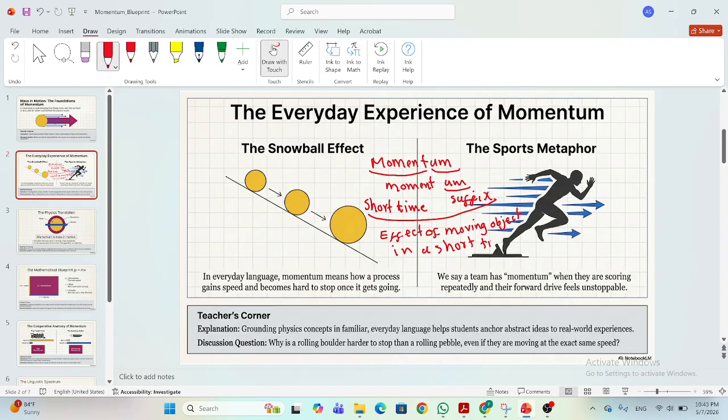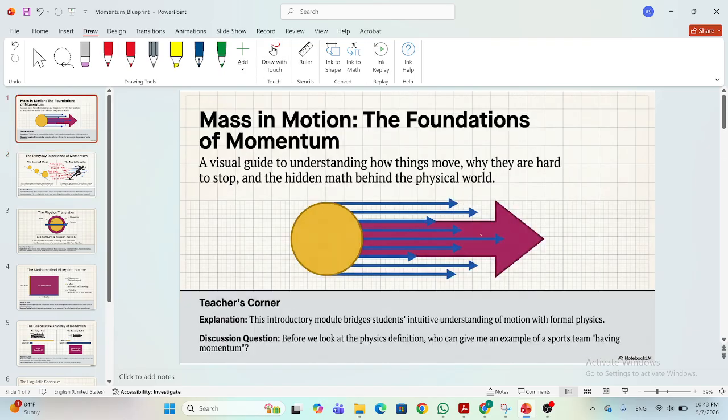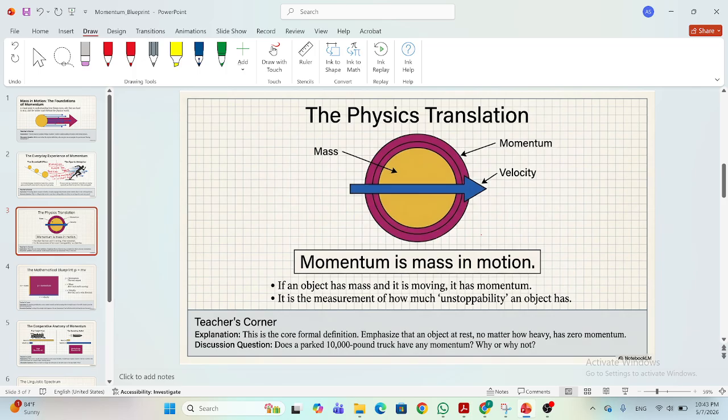Momentum. As you saw, when the objects were colliding with each other, in a short time they had a very effective effect on each other. So this is called what? The meaning of momentum in physics. Okay, so what is the meaning of momentum in physics? When a moving object has motion, force, or effect on something, that's called momentum.